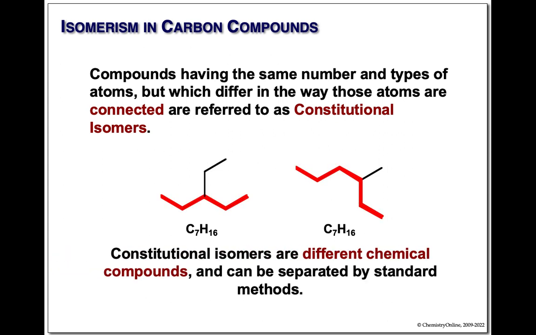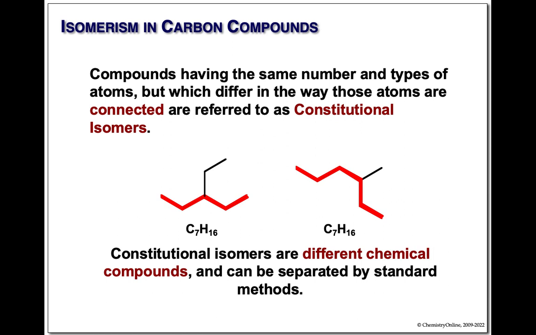Here's our longest chain here. Clearly, they are different molecules, but they have the same formula. These are different chemical compounds, and we could separate these because they're different, called constitutional isomers.